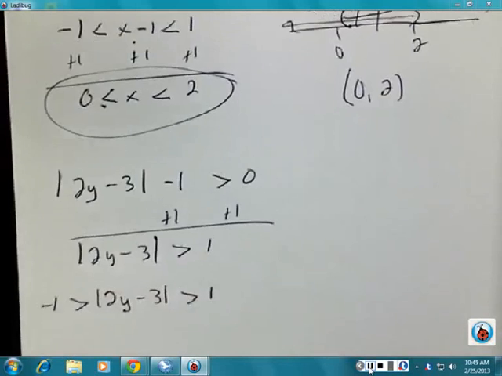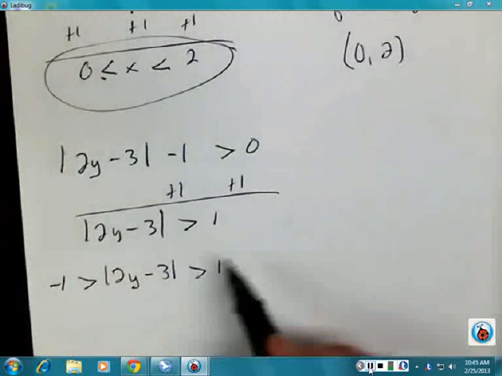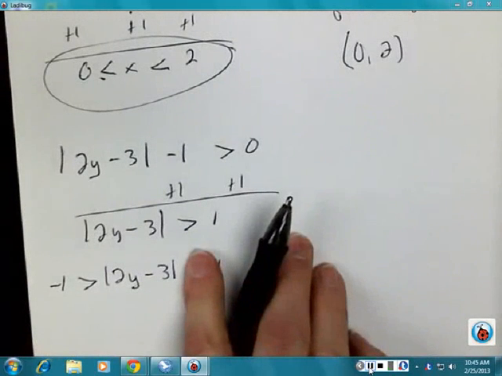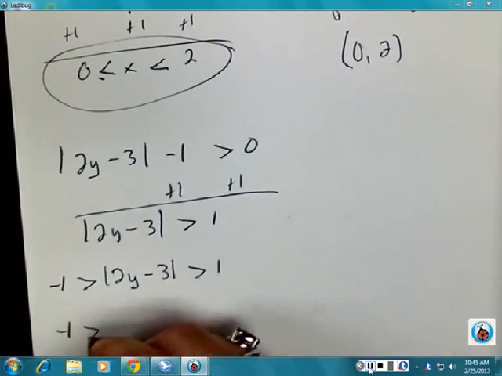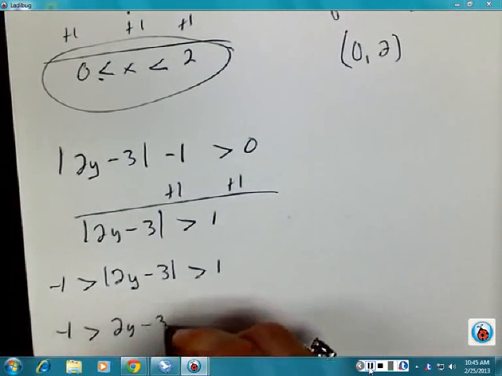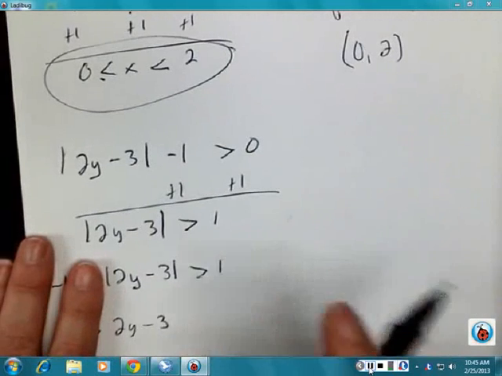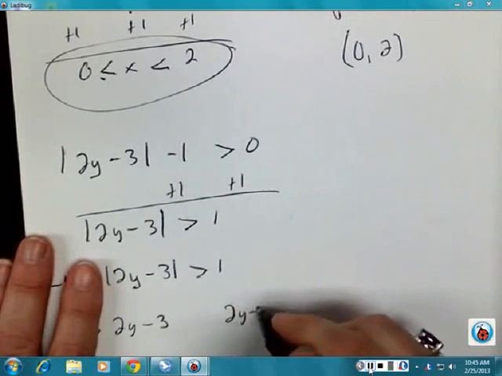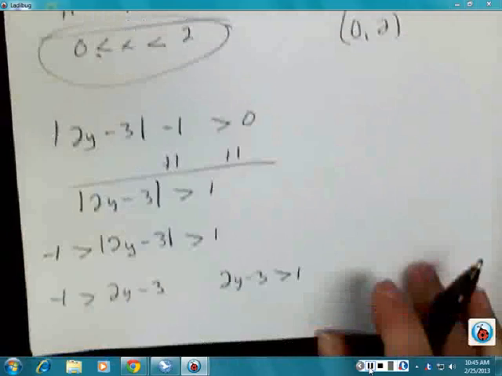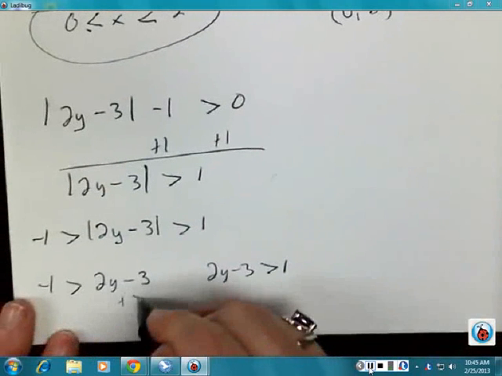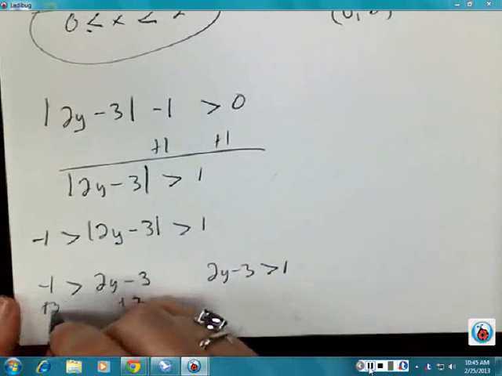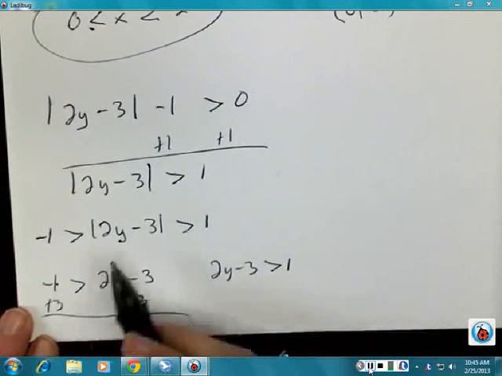Then to get my 2 pieces, it's going to be this piece: negative 1 is greater or less than 2y minus 3. And it's going to be this piece: 2y minus 3 is greater or less than 1. When I solve it, I get 1 from 3 is 2.